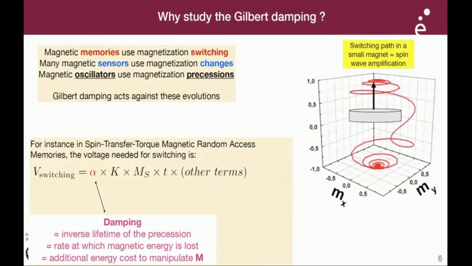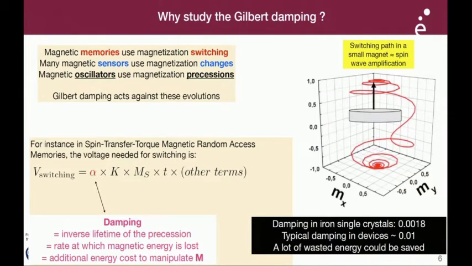For instance, for spin transfer torque magnetic random access memories, we work with tiny nanomagnets, and we switch the magnetization by amplifying a spin wave before the magnetization reverses. The voltage it costs for this switching is directly proportional to the damping parameter, as well as to other magnetic properties. So if you minimize this parameter, you minimize the energy cost of the reversal.